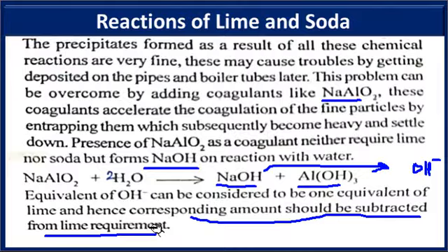So always remember that whenever sodium aluminate, NaAlO2, is present in the water sample, it compensates the requirement of lime because it generates NaOH, which gives the OH minus into the water sample.